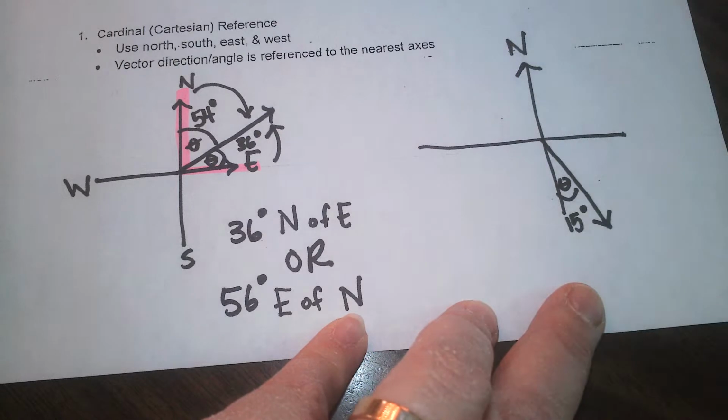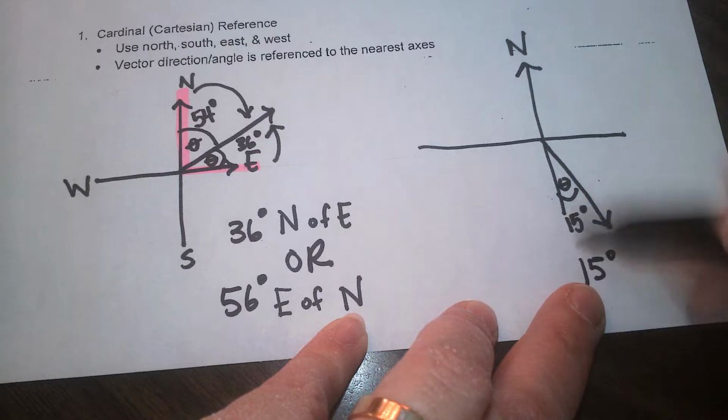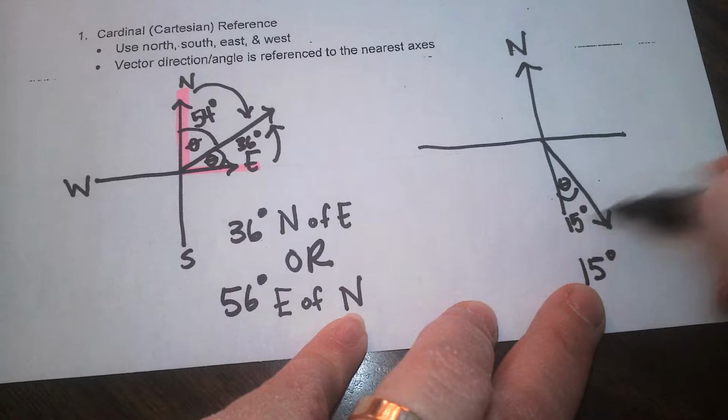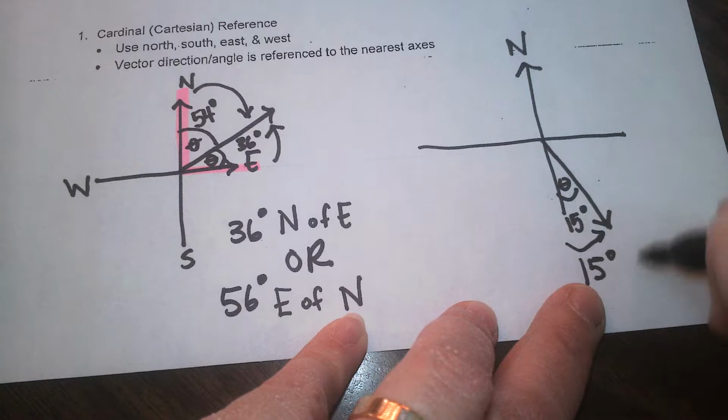It's going down, which is what? North, east, south, or west? Pick one. South. Okay, so this is going to be 15 degrees. From the south line, which way do I have to go to reach that vector? East. East of south.